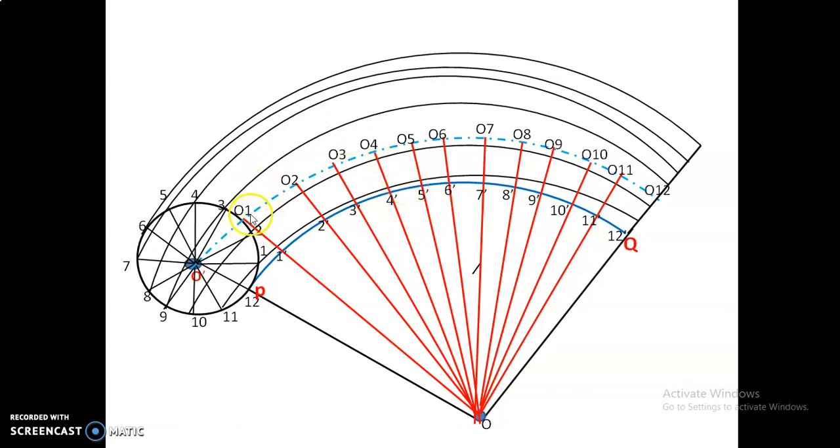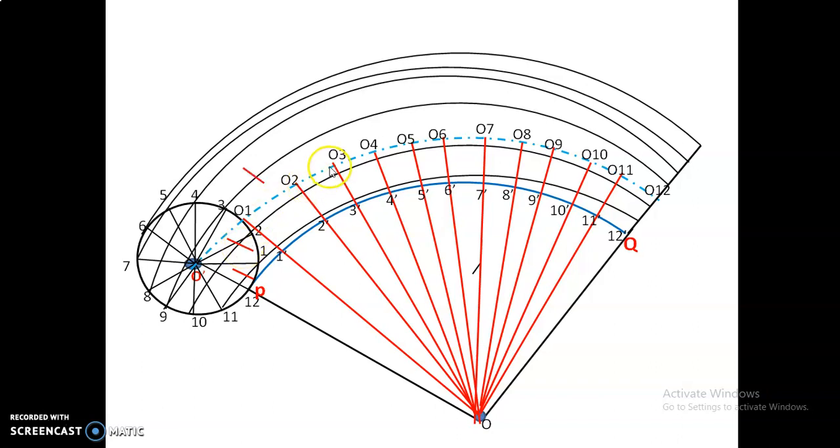Now O1 is a center point. Radius is 20 mm. Cut the 11-1 arc. So that is your P1 point. Similarly, with center O2 and the same radius, cut the 10-2 arc.